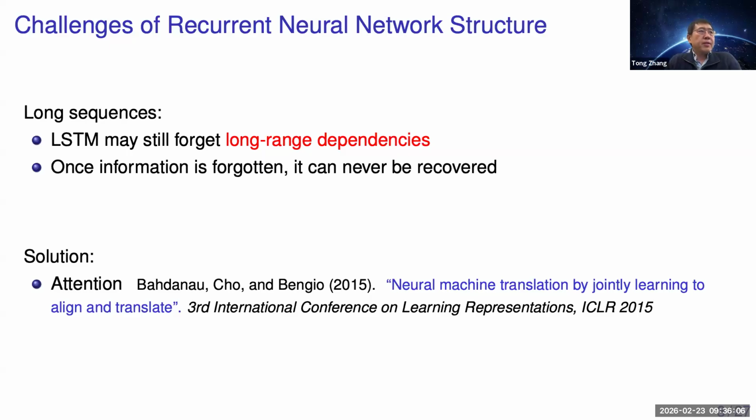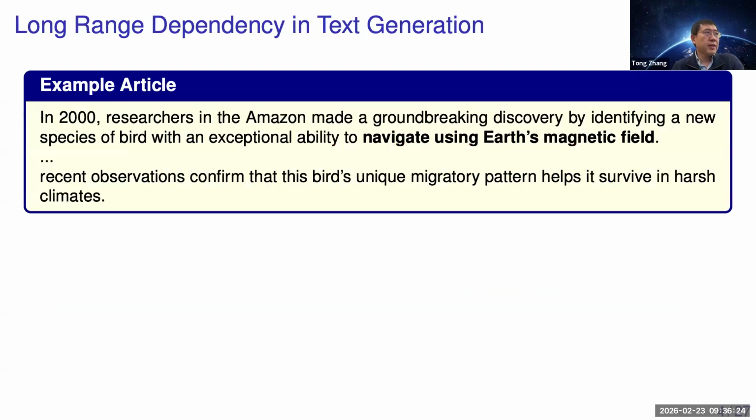They introduced attention to talk about alignment in the translation framework. But for the RNN, our current concern is really just this long-range dependence issue.